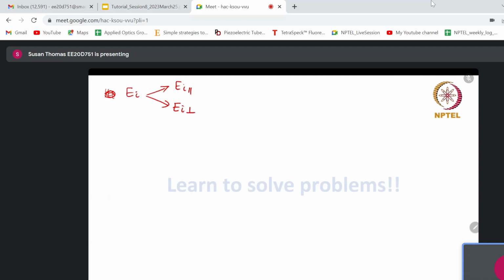From this EI parallel, we'll be able to calculate HI parallel. How do we calculate that? EI parallel magnitude divided by eta, that is eta naught because it's in air, times e raised to minus j7 into, again, the incident wave vector. Remember, it's the incident wave vector: 0.5x plus 0.87z.